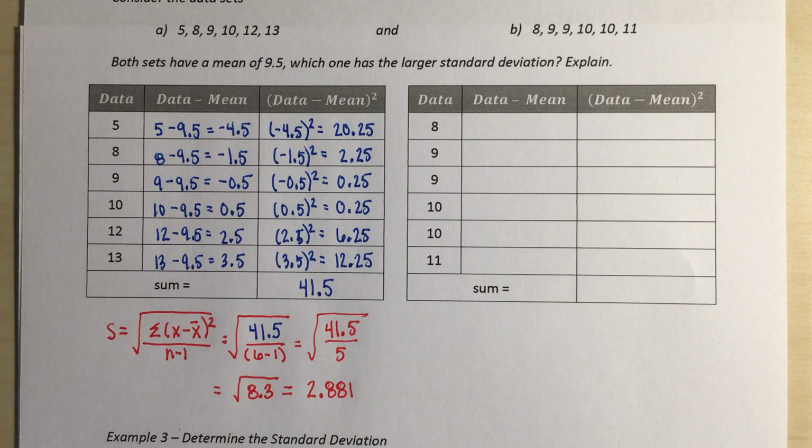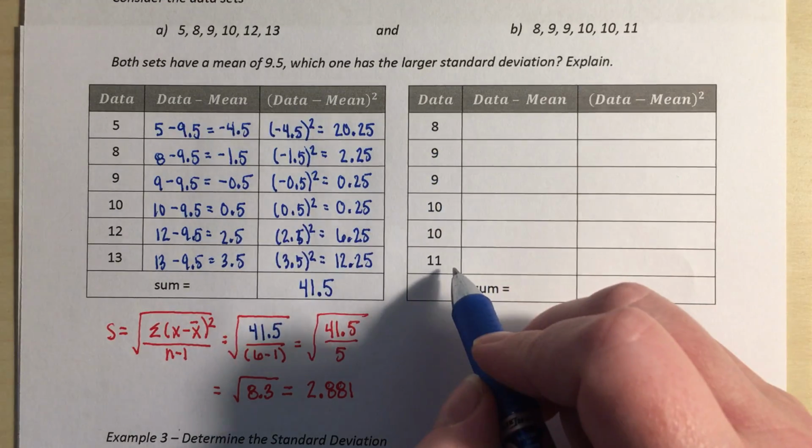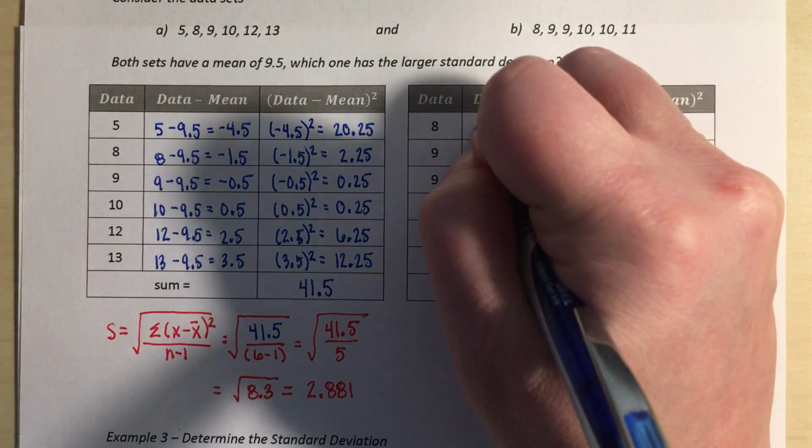Now we're going to go through the exact same process for data set B. All right, so here are our data values. Our mean in this case is also 9.5.